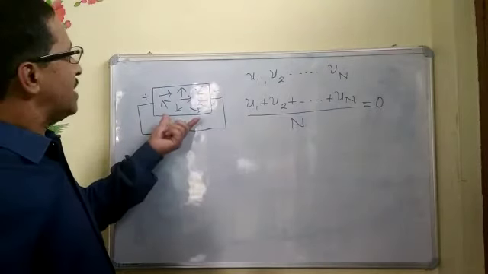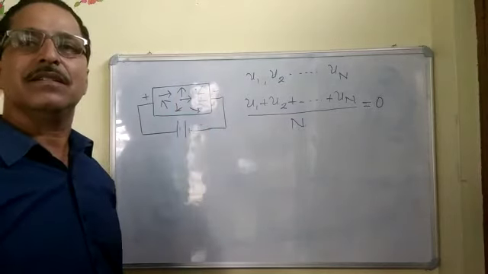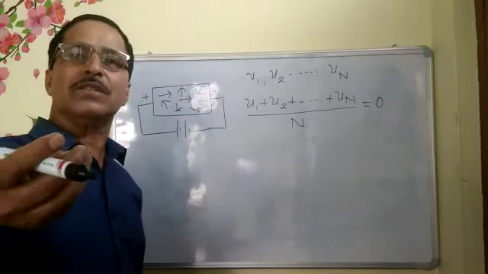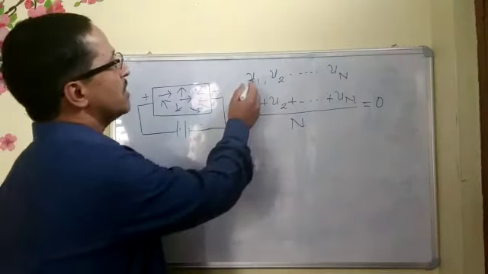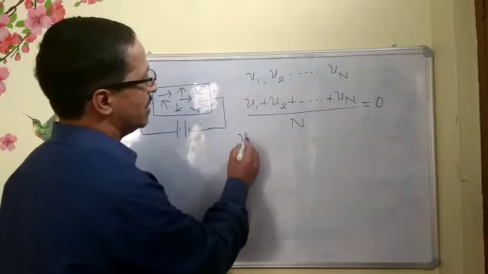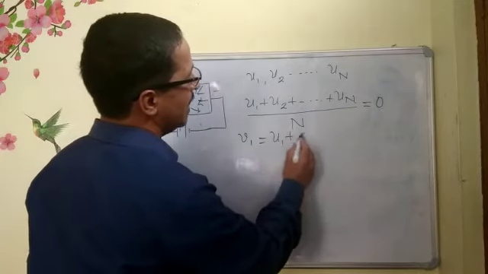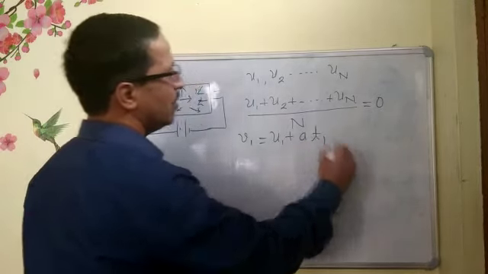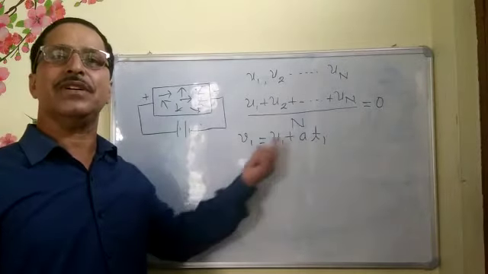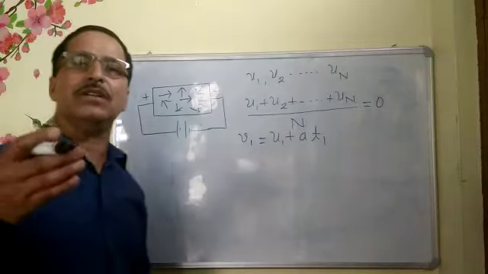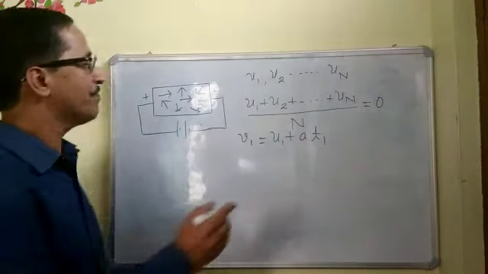Now, after establishing the potential difference, every electron will be accelerated, and before it collides with the next ion, suppose the first electron gains a velocity v1, then it will obviously be u1 plus a into t1, where t1 is the relaxation time of the first electron, or the time between the two collisions taken by this electron.